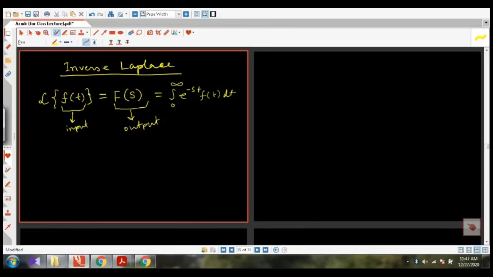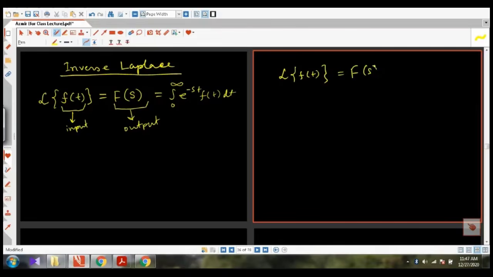And here we are going to discuss inverse Laplace transformation. So if the Laplace transformation of f of t is capital F of s, then the inverse Laplace transformation of capital F will be the main function. By using Laplace transformation, try to understand, we can convert the main function to an algebraic function.